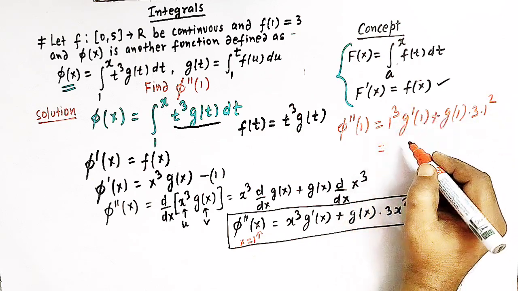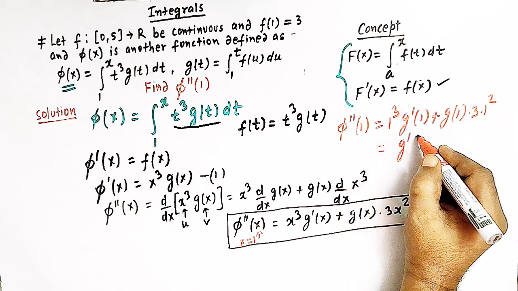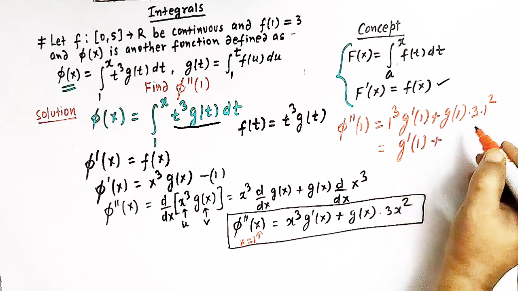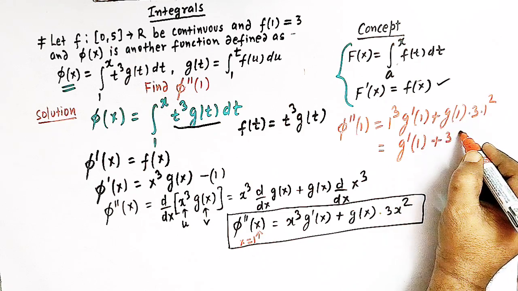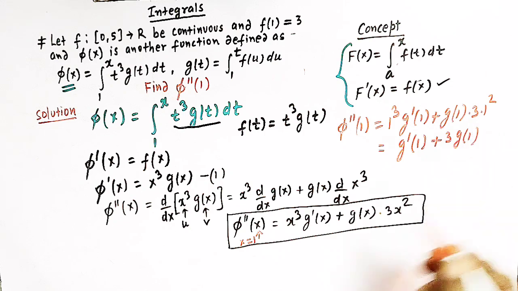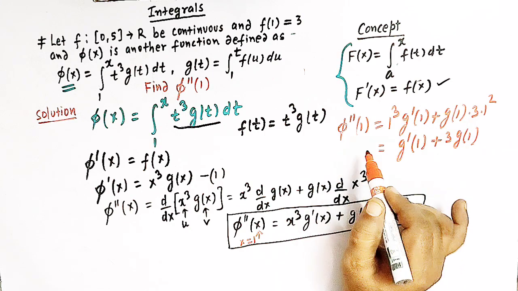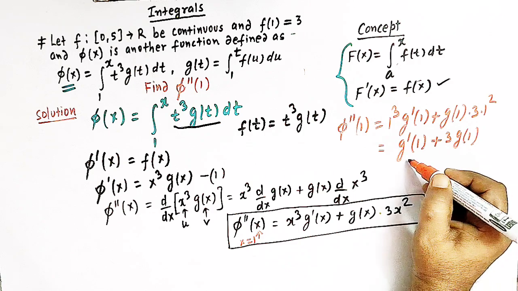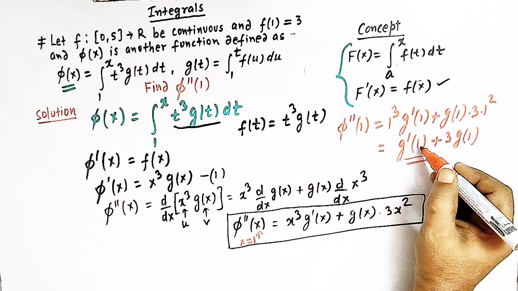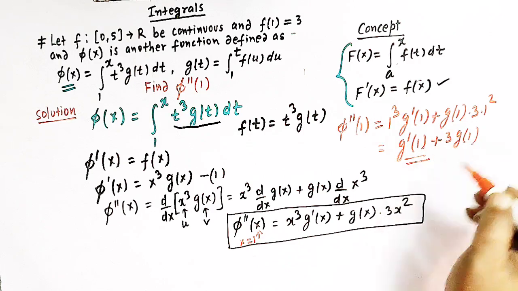So 1 cube is 1, and we are left with g prime of 1, and here 1 square is also 1, so we have 3 times g of 1. So to get the value of phi double prime of 1, we need to find out g prime of 1 and g of 1.